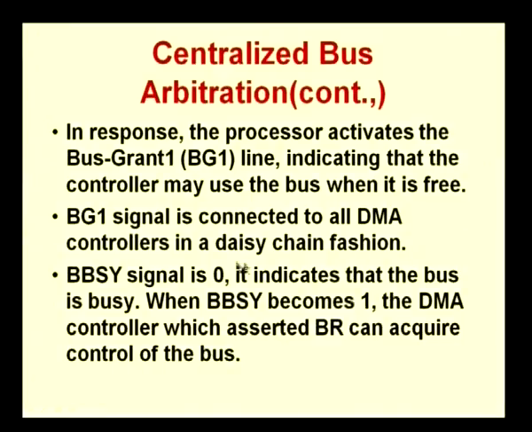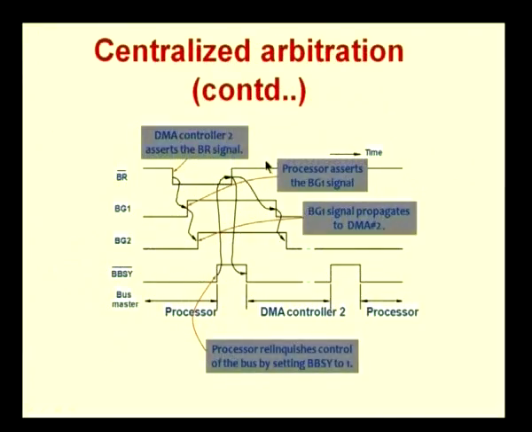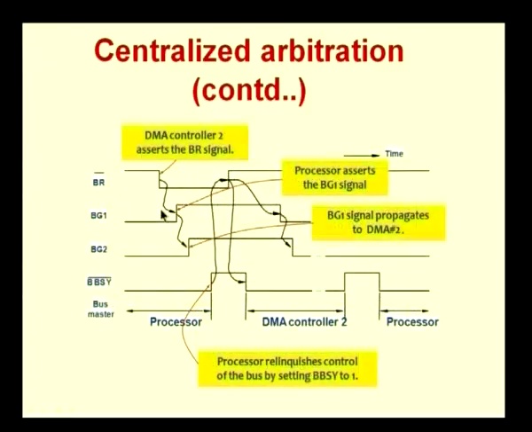That is how it works. Now, the bus busy signal, if it is 0, indicates that the bus is busy. When it is 1, it indicates that the bus has become free. There is a series of control signals and a sequence in which these different operations typically take place. If you look at the sequence of events for this bus arbitration, we can understand it from the timing diagram that we have here.